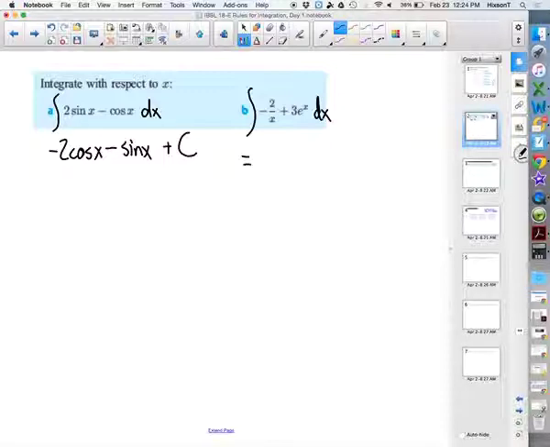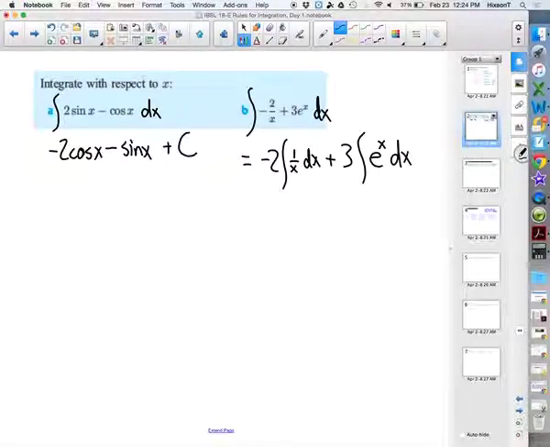Let's break this up so we can see it easier. I'm going to take the negative 2 outside. So it's negative 2 times the integral of 1 over x dx, plus, and I'm also splitting this into 2 separate integrals, because addition, remember we said we could split it up. So plus 3 times the integral of e to the x dx.